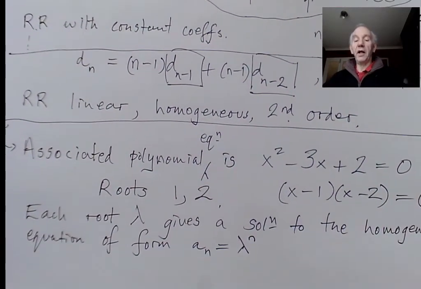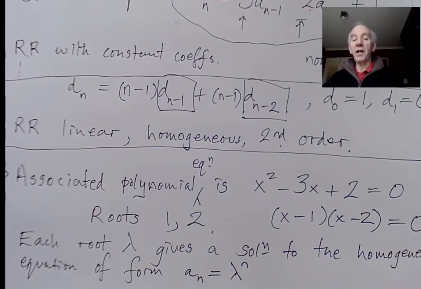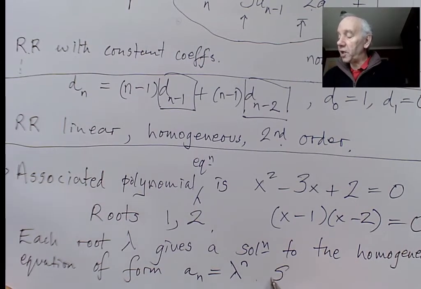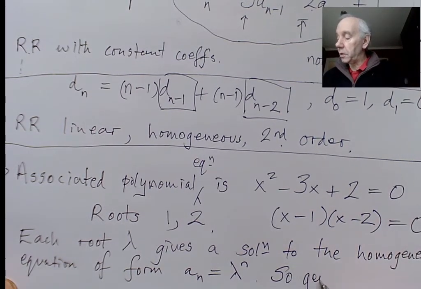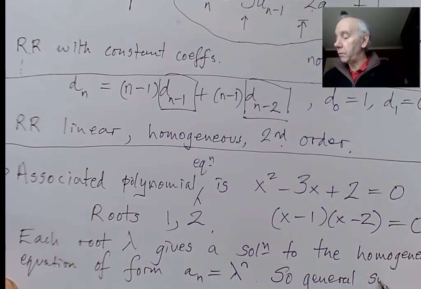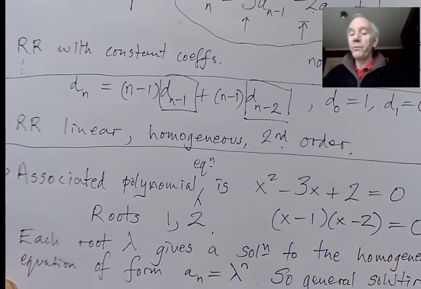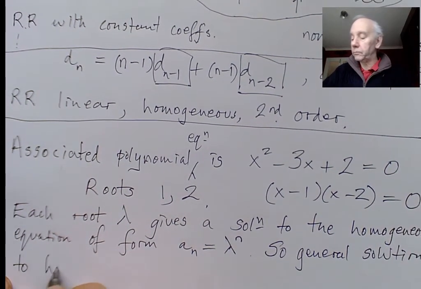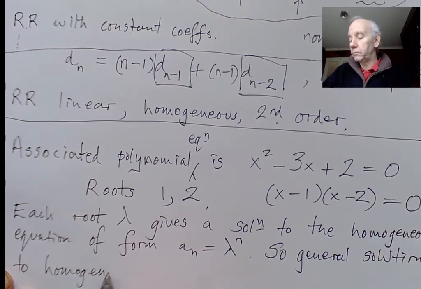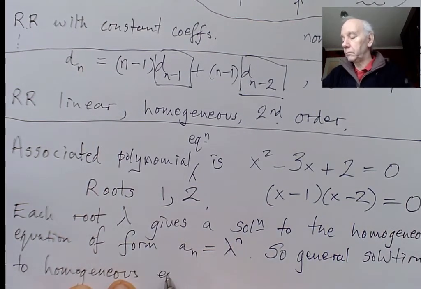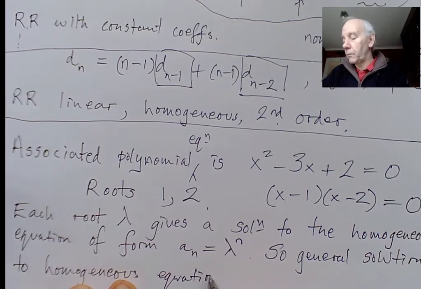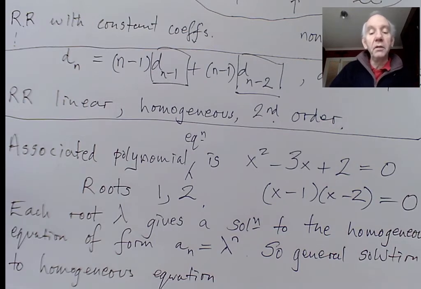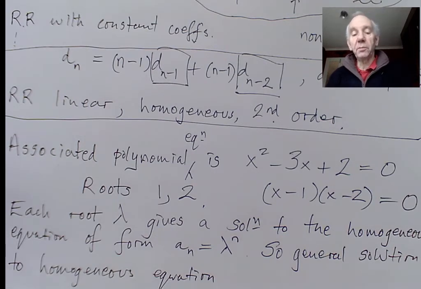So in particular, in our case, the general solution to the homogeneous equation: well, we've actually found two possible solutions, 1 to the power n, which is just 1, irrespective of n, and 2 to the power n.